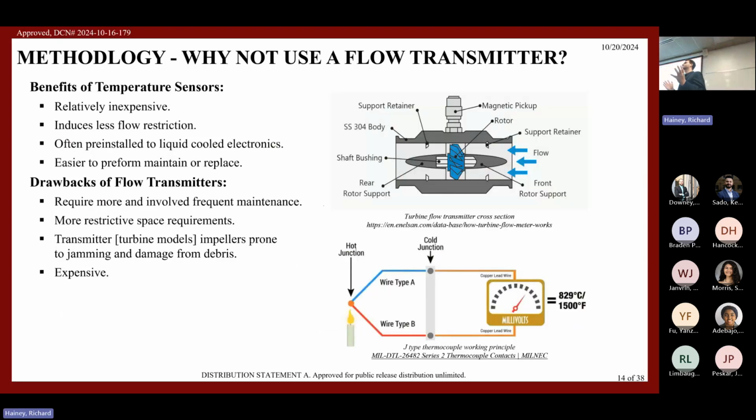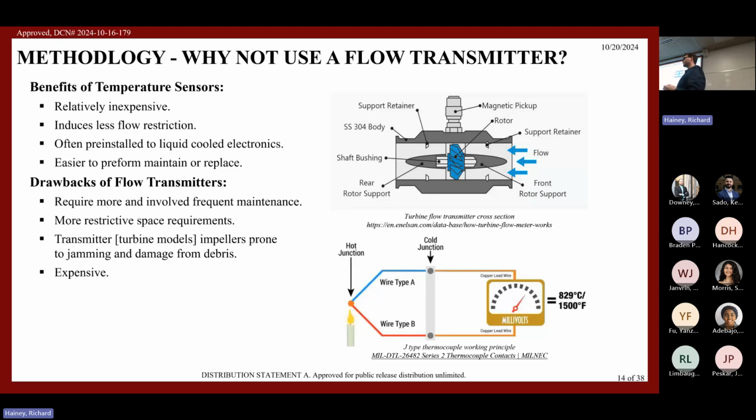Now, the question is, as I've already partially explained with the expense portion of it, why would you want to use a thermocouple rather than just a flow transmitter to help diagnose loss of coolant within a converter? Essentially, as I've already mentioned, there's the expense of a flow transmitter compared to a thermocouple, and there's also the aspect of retrofitting systems to incorporate flow transmitters.